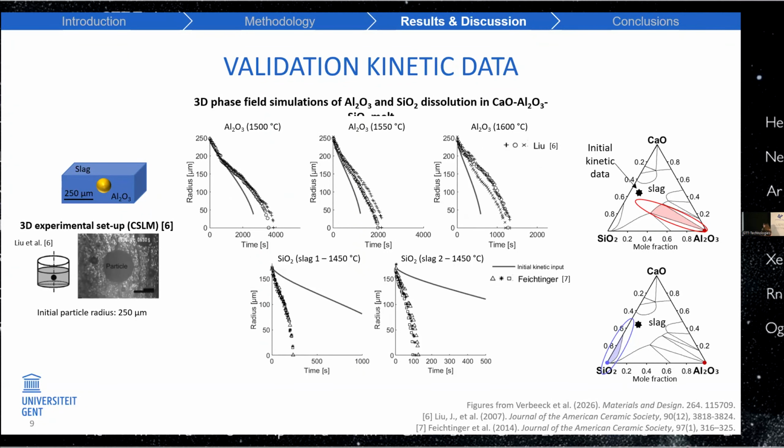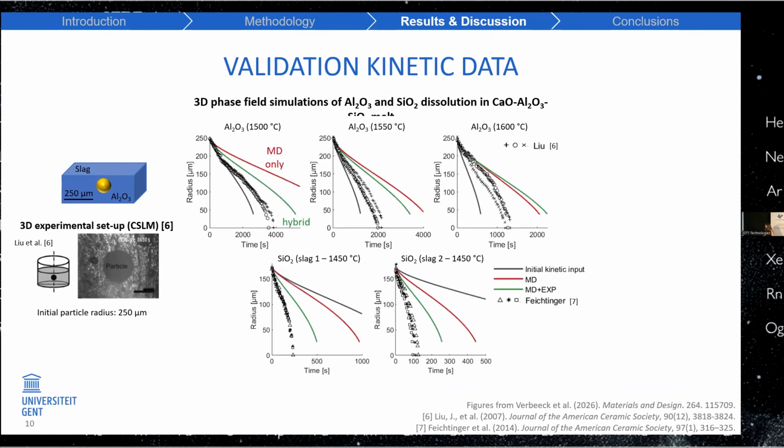And what we saw was that there was a very different behavior for the alumina versus the silica slag, which also reflects the very different part of the phase diagram that we were crossing through for the slag during the simulations. So these were our initial simulations, and these were now the new results that we could obtain with the two approaches, with the MD only and with the hybrid approach.